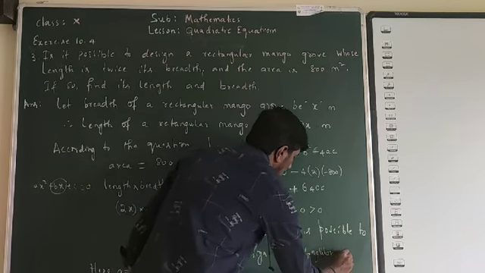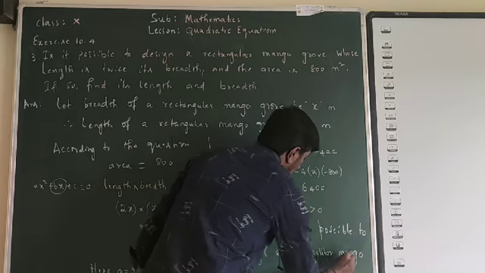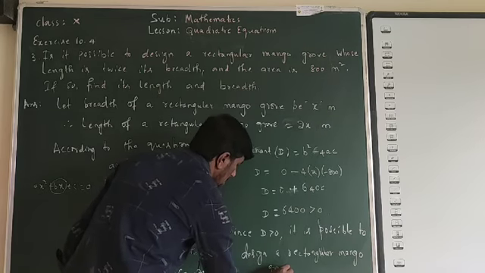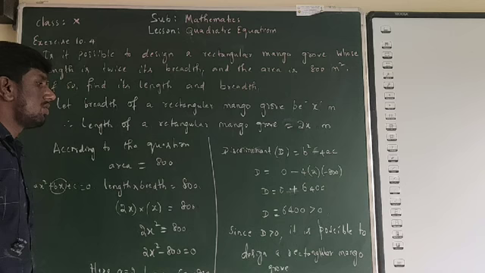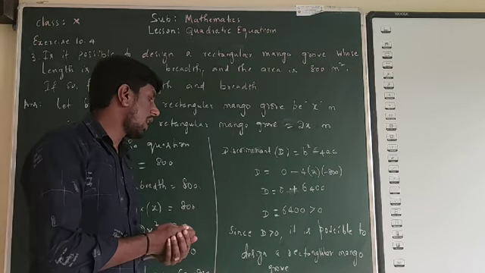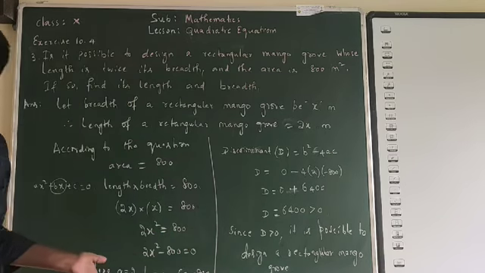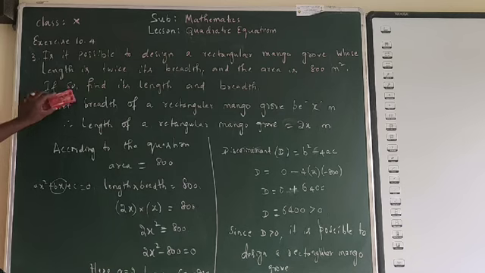Since this is not 0, it is possible to design a rectangular mango grove. So now, if so, find its length and breadth. Let us find out the length and breadth.